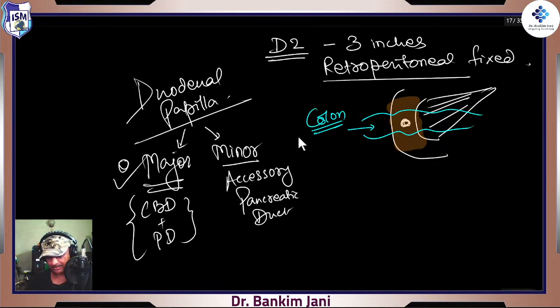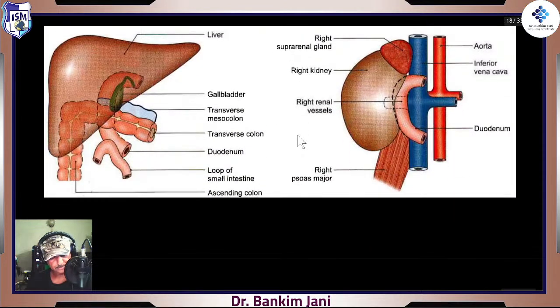So let's see. Here it is. See, this is what we talk about. So that is the point which is pretty interesting, right? That transverse colon, it passes from the middle, right? Near middle, it is passing. Otherwise, yes, it is covered all well. But this is one important point.